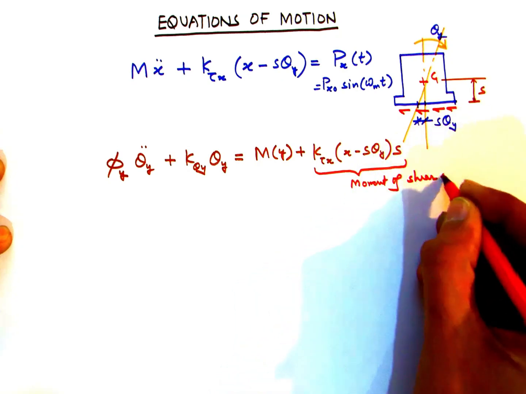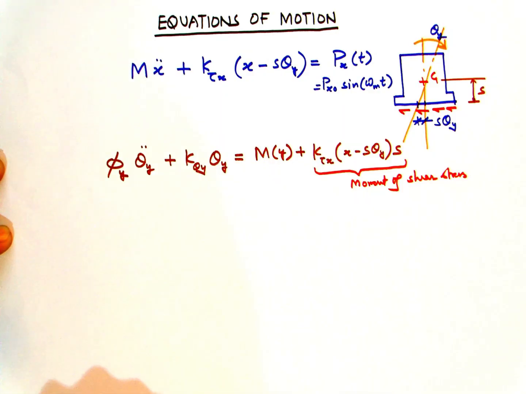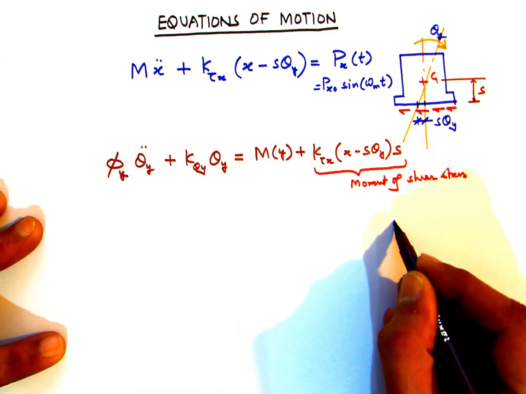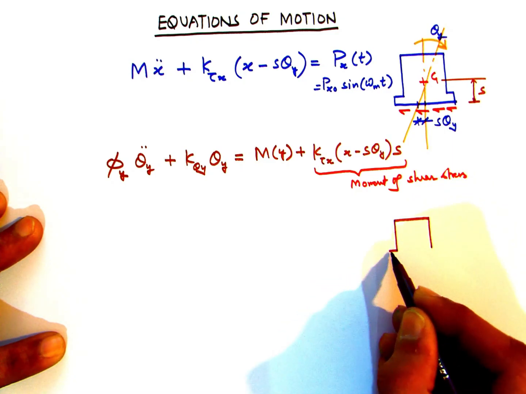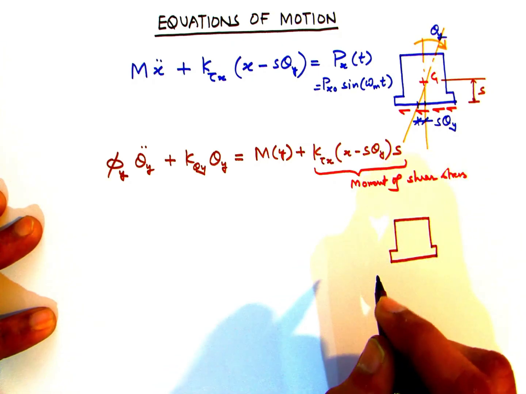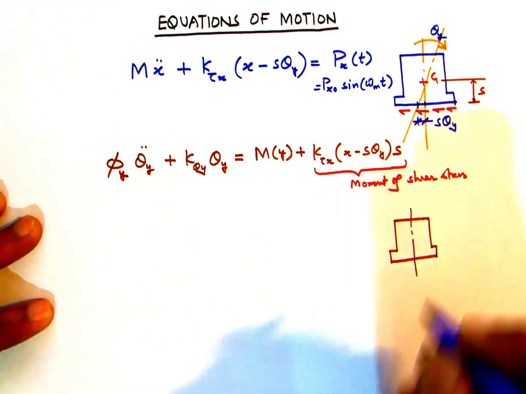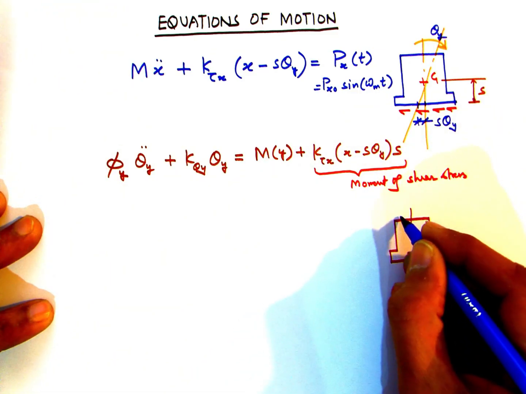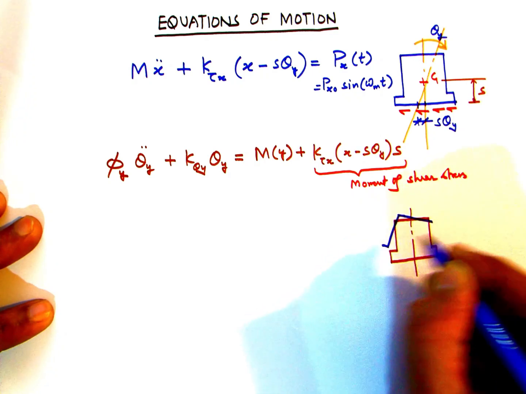That is the spring stiffness multiplied by the horizontal displacement, and this is adding to the external moment My. But this is not the end, we have another component which is now shown here. Imagine that the block has undergone rotation about the y-axis as shown here.